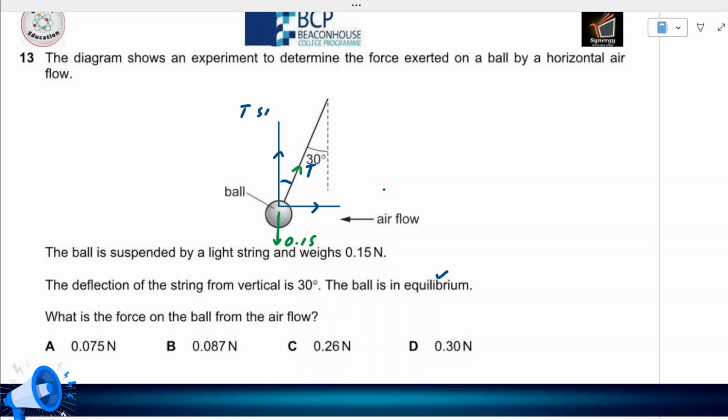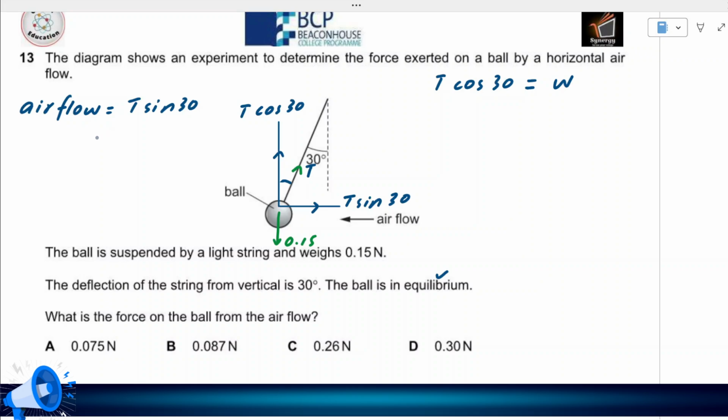So this component would be t cos 30, and this one would be t sin 30. So basically the object is in equilibrium because t cos theta equals the weight, and the other force, airflow, is being cancelled by the component t sin theta.